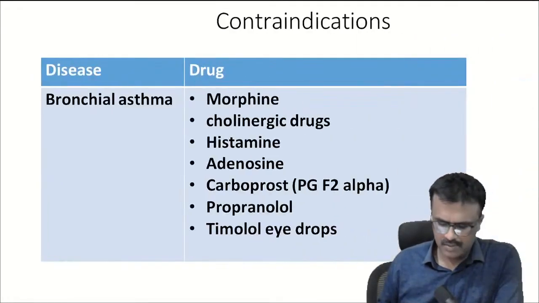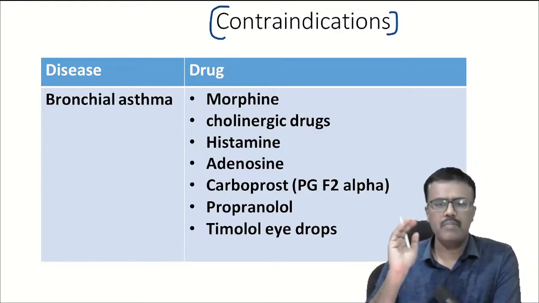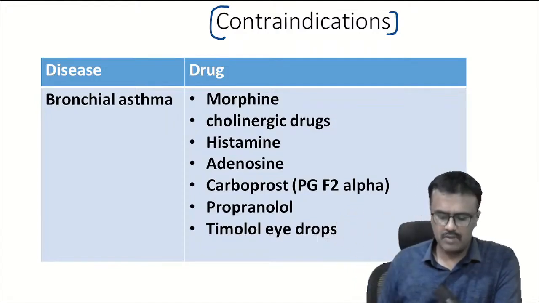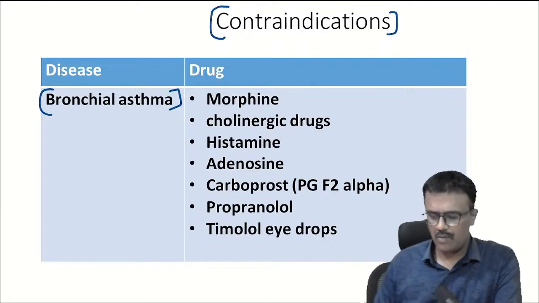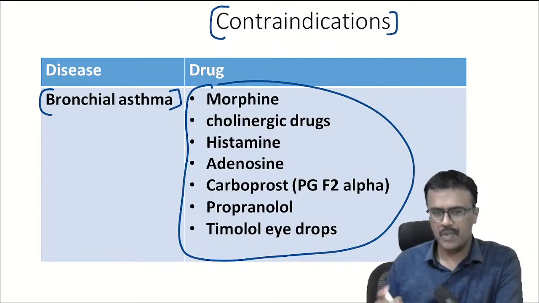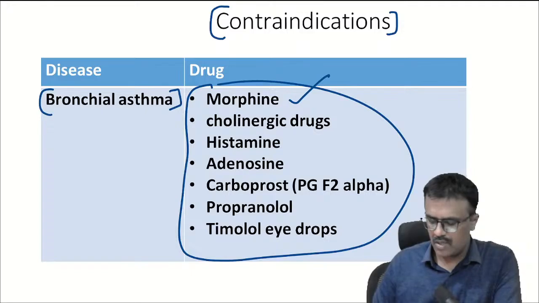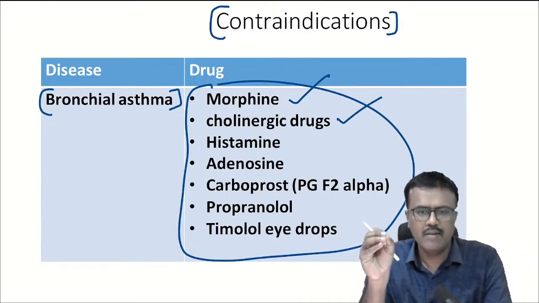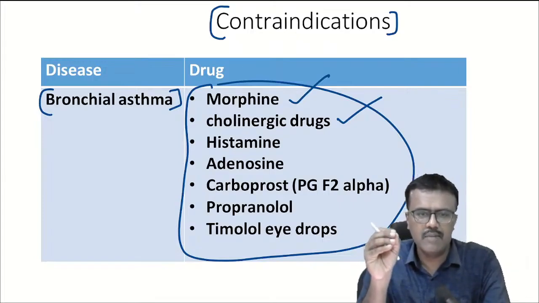Yes, very good, Hassan. Now, in any exam, you check PYQs, they will always give a patient with asthma and ask which drug you want to give. Now, these are the drugs which we never give in an asthma patient. Morphine, we don't give because it causes bronchoconstriction. Cholinergic drugs, I gave an example, bethanechol, which is used in overactive bladder, cannot be given in asthma.